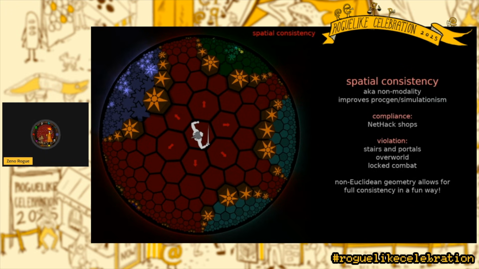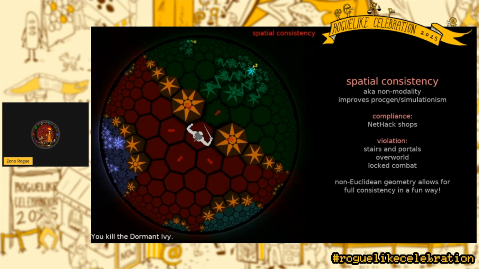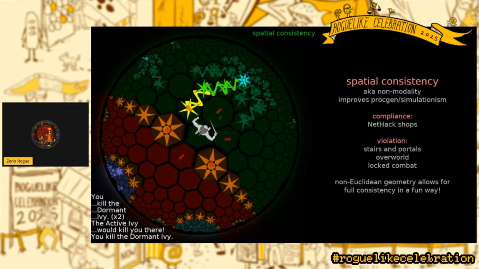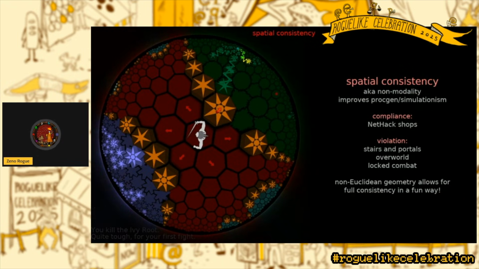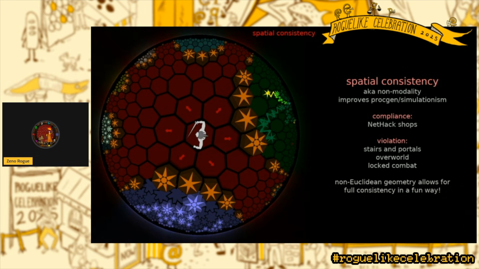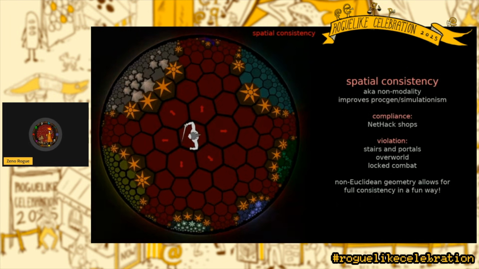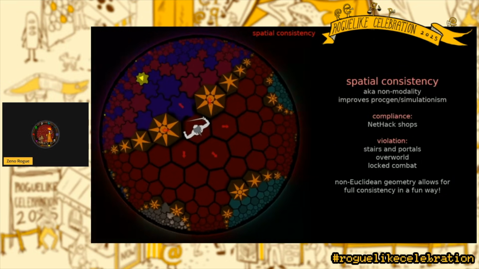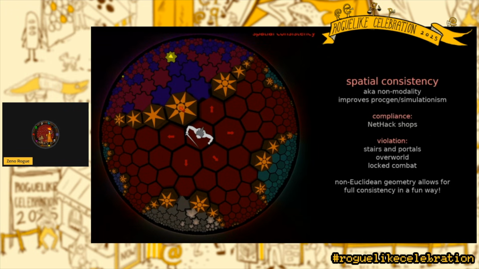The next thing I wanted to talk about is spatial consistency. What I mean by spatial consistency, also called non-modality, is that this space is consistent, right? For example, in NetHack, shops are basically a part of the map, and we can do lots of cool things based on that, like steal from shops and things like that. There are many violations of this.